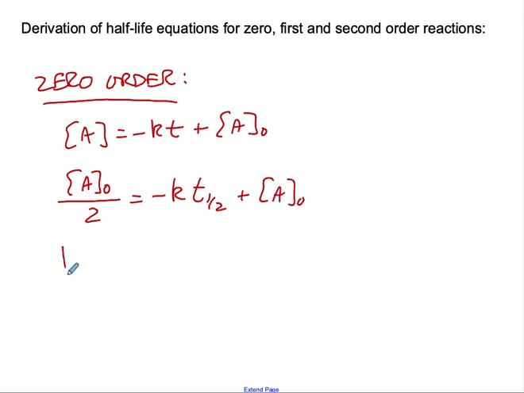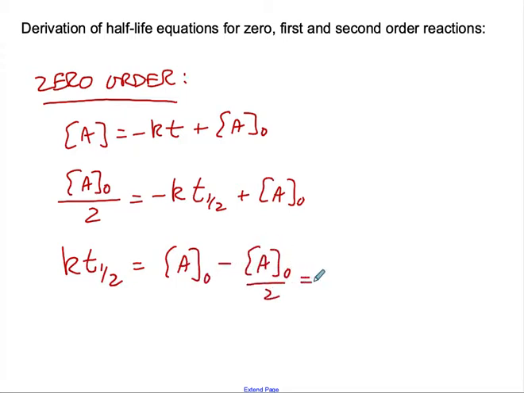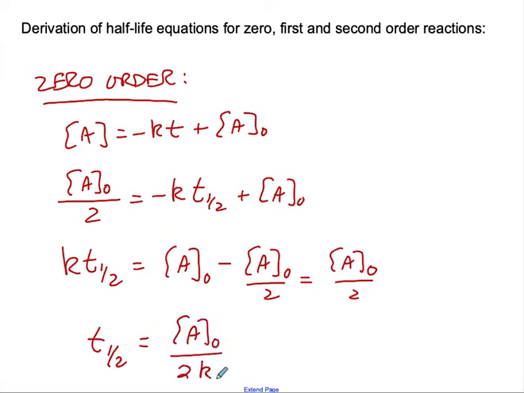I will rearrange: kT1/2 equals the initial concentration minus 1/2 the initial concentration, which is equal to 1/2 the initial concentration, or T1/2, the half-life, is equal to the initial concentration over twice the rate constant.